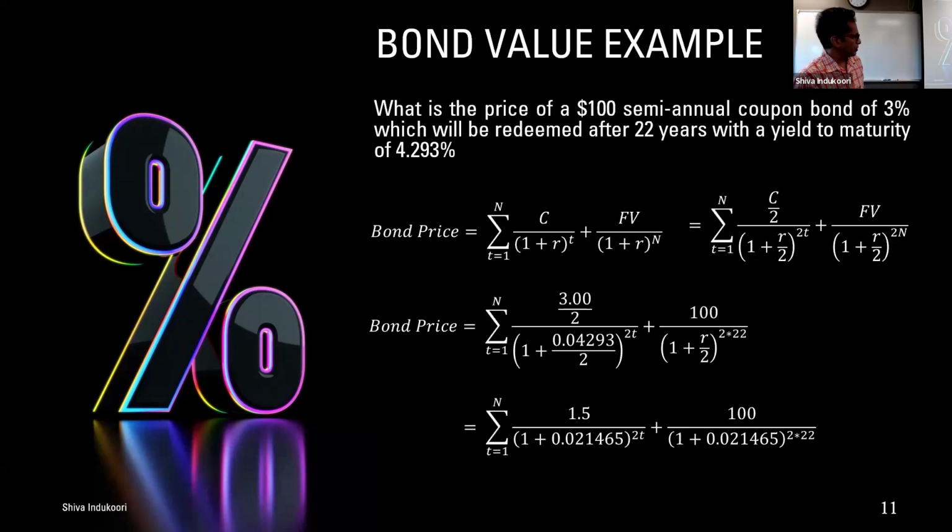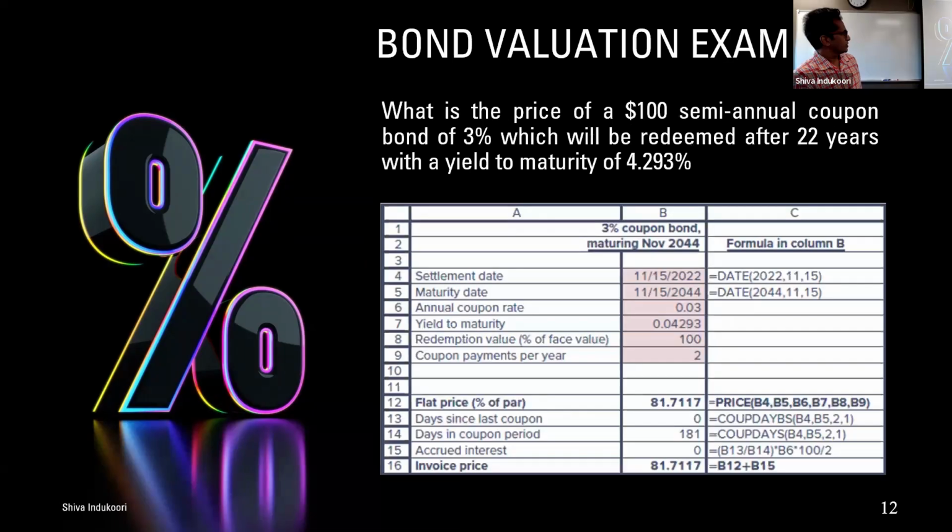Again, I'm telling you, I didn't give the answer actually. Let me check. Yeah, I used Excel here. That's the reason I didn't show you here. So the answer is 81.7117. Just cross check if you all had the same answer.